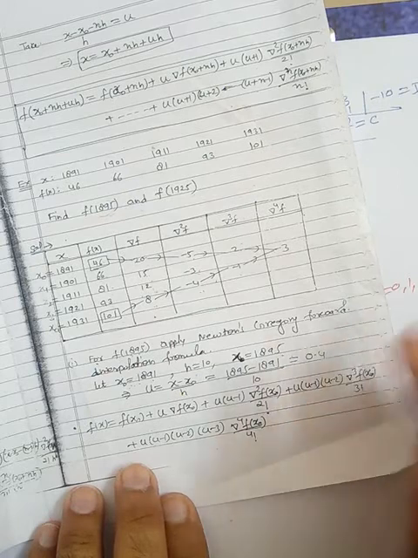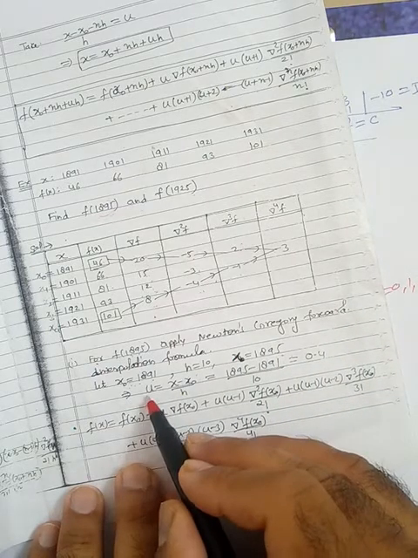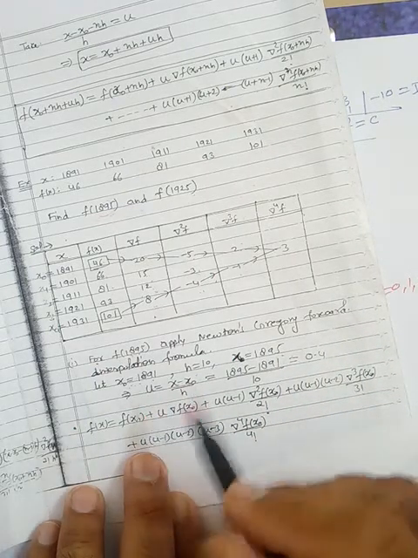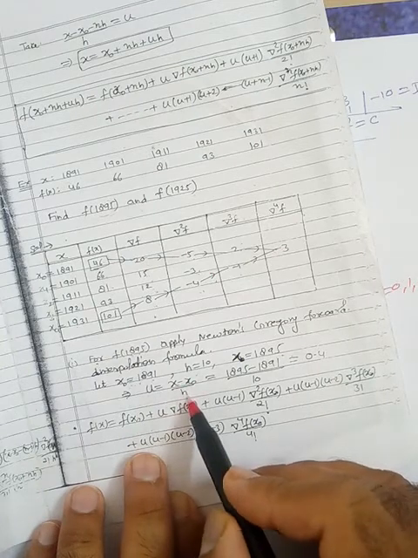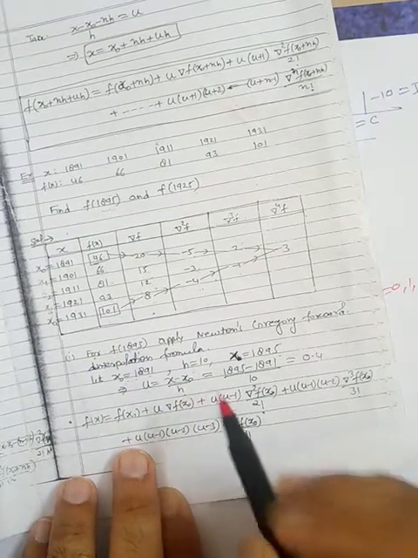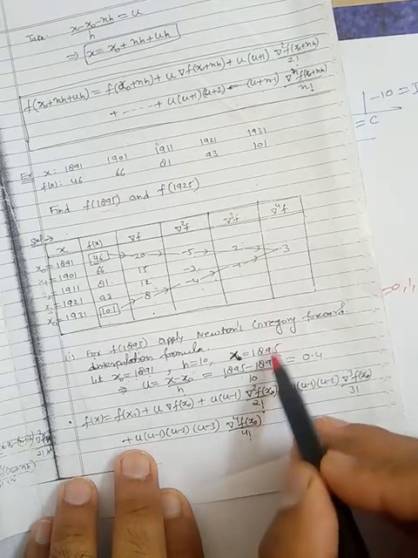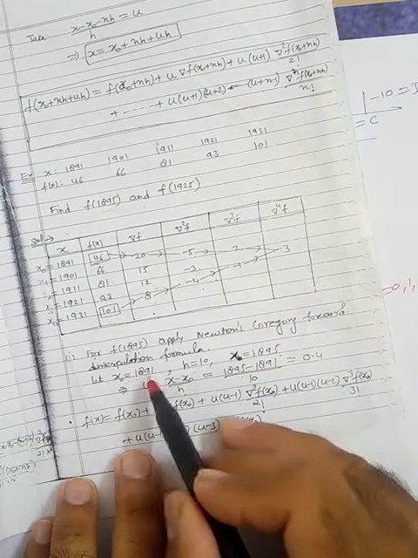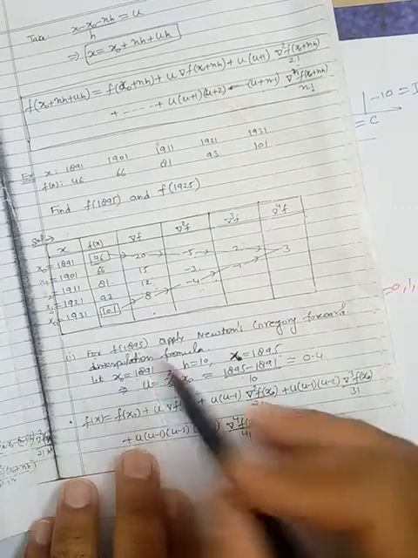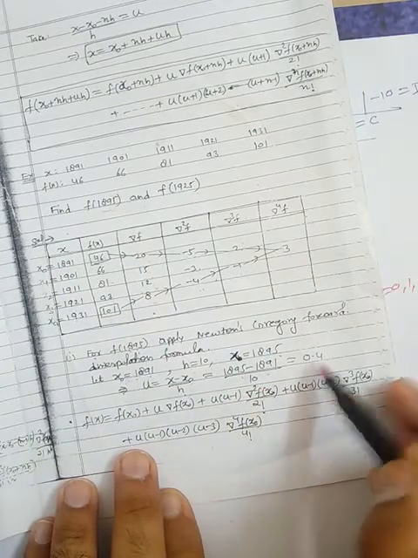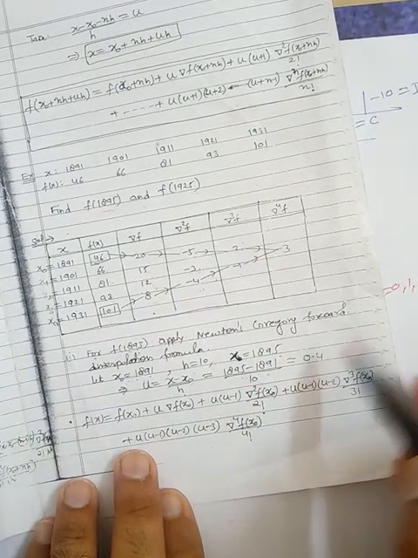So now what will be u? In the forward difference method, u is nothing but x minus x naught by h. Substitute the values: 1895, because x is 1895, minus x naught, the starting value 1891, divided by h. So we get 0.4. U is 0.4.